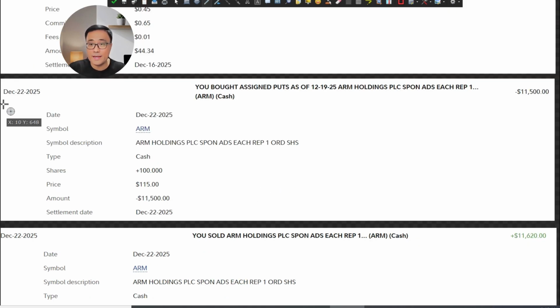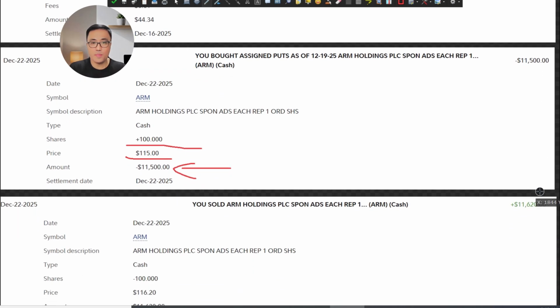Then the following Monday, which was today, December 22nd, the price had finished under $115, so I was assigned to buy 100 shares at the strike price that I had bet on, $115, and this is how much I had to pay from my brokerage account to purchase 100 shares at $115. Now, looking at the pre-market, ARM was up.